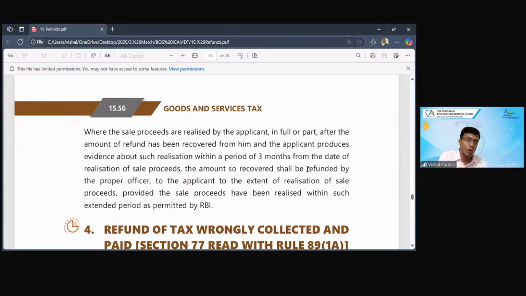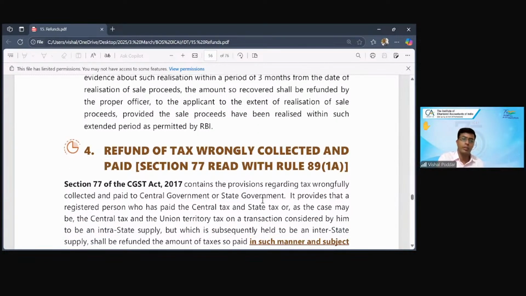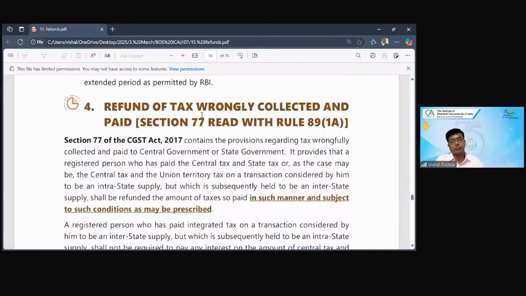The amount so recovered from you shall again be refunded by the proper officer to the applicant to the extent of realization, provided the sale proceeds have been realized within the extended period permitted by RBI. So if you get the amount, though late, but within the time limit permitted by RBI, you have to submit the proof and we will return the refund which was recovered.